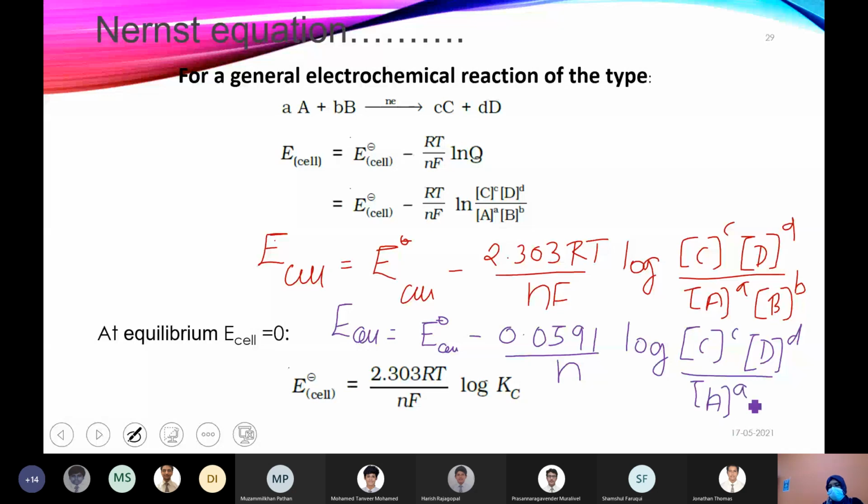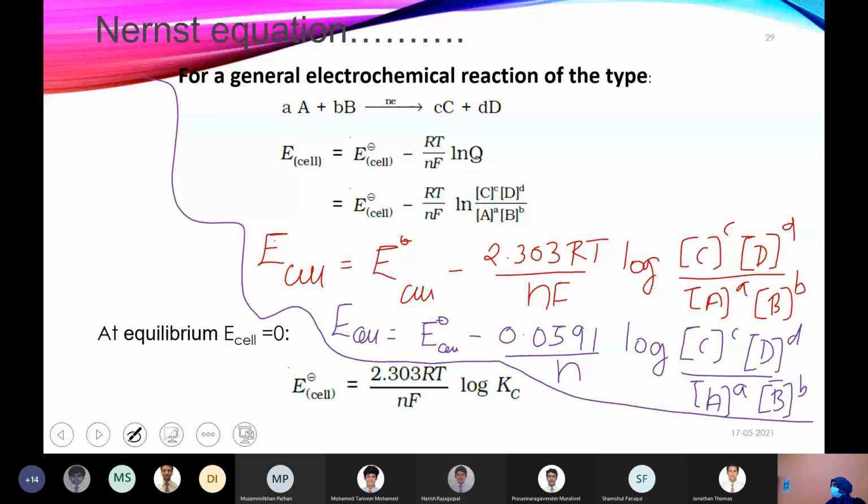That means directly writing a cell reaction, you can get the Nernst equation. If the temperature is different, say they are using 300 Kelvin as the temperature, then use this equation, the one which is in red.